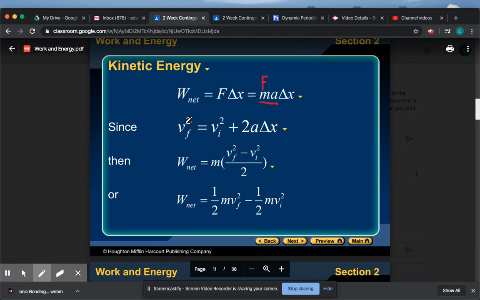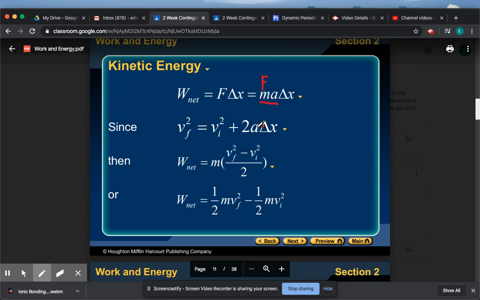And if you remember, closer to the beginning of the semester, when we started talking about 1D motion and we got these kinematic equations, this is one of the equations: Vf squared is equal to Vi squared plus 2ax. They're going to plug that in for acceleration.